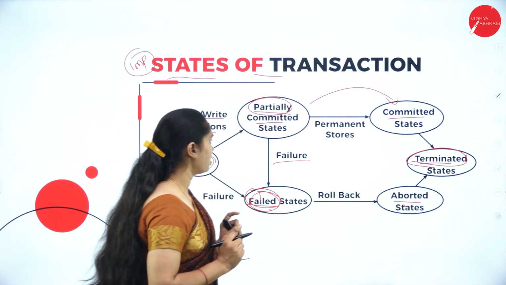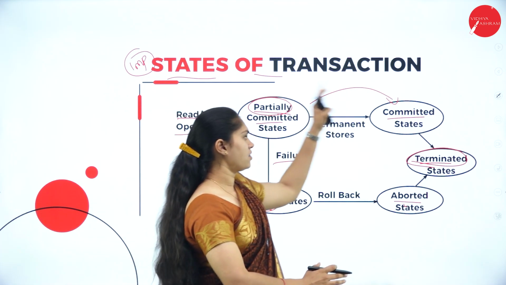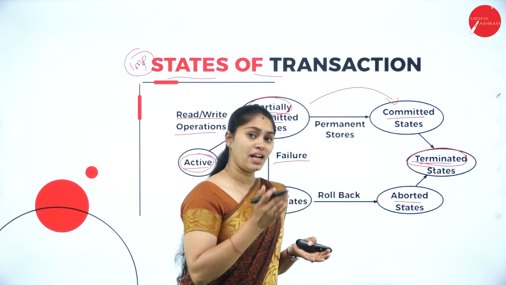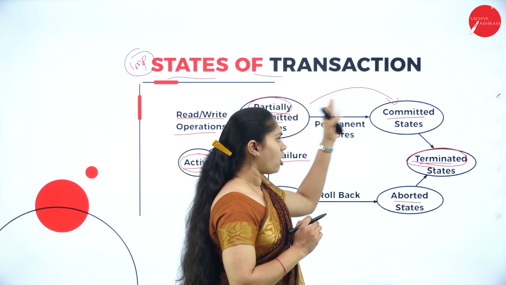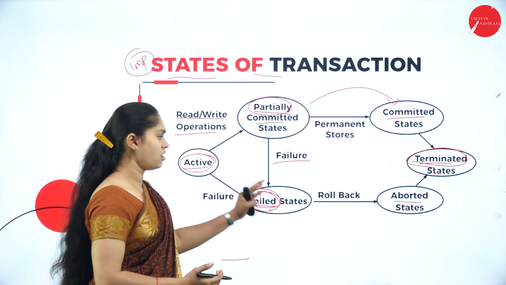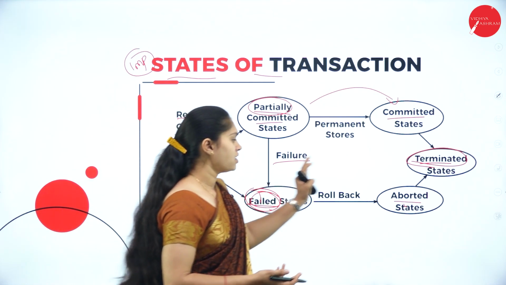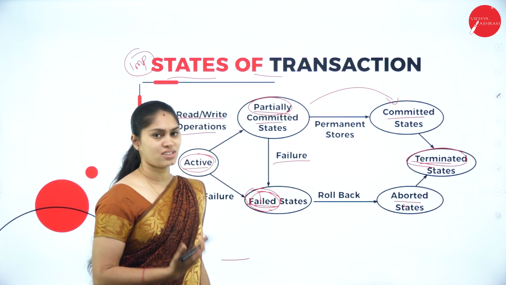That is different from the aborted state, which you have to understand here. If it is partially committed and everything went well, then it will store the updated content of the transaction in the database permanently. After that, it will reach the terminated state. If it is in the active state and fails, it can be rolled back, then it will reach the aborted state. After that, termination will take place.